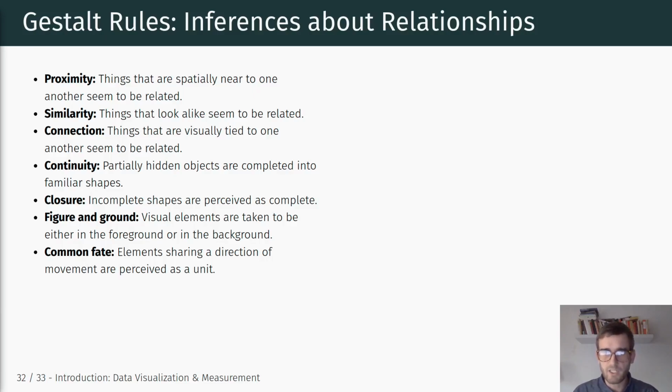We have connections. If we make connections between objects, then they tend to be perceived as having a relationship. Continuity, closure, and so on. Those are all aspects of a visualization that suggest relationships and make people perceive relationships between specific objects, right?